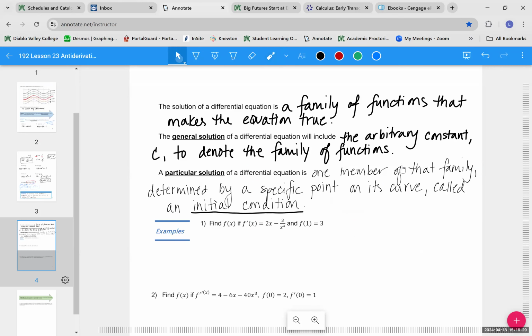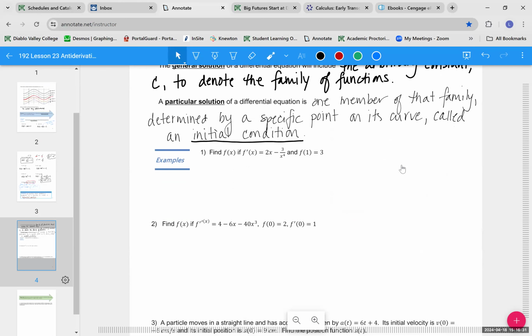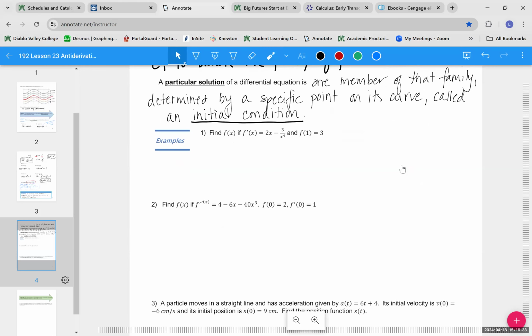Okay. So let's do a fresh example or two. First one, we're going to find f of x if f prime of x, so here's our differential equation. Here's what the derivative is equal to, and here is an initial condition. So I see my derivative.